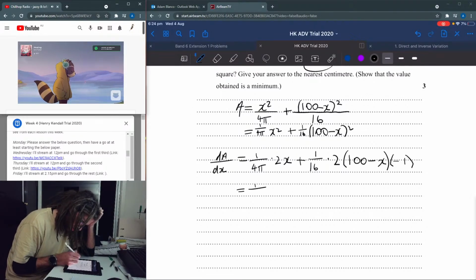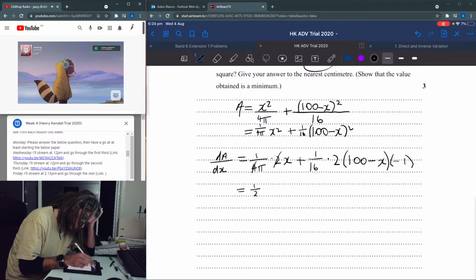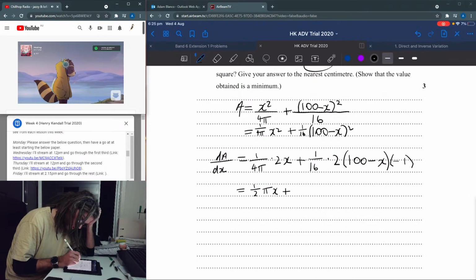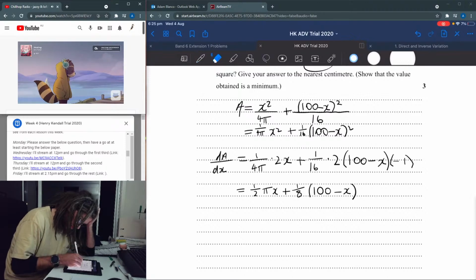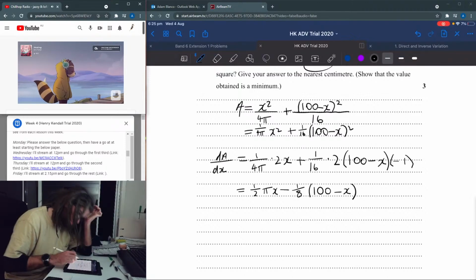So that's 2 on 4, which is 1 on 2, so that and that make 2, pi x plus 2 on 16 is 1 on 8, so that becomes 1 on 8, 100 minus x, and then times by minus 1, so I'll turn that into a minus.